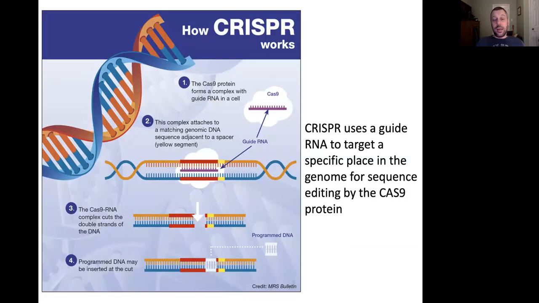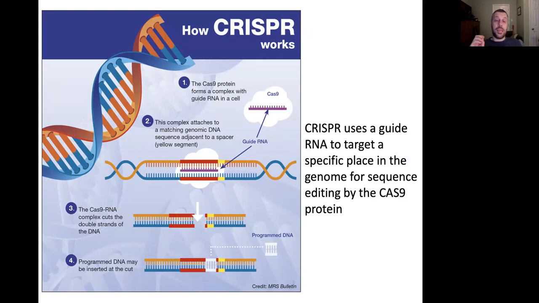How does it work? This cartoon shows you very simply how it works. CRISPR-Cas9 is a bunch of proteins, basically, and it uses a guide RNA, as shown in this diagram in step 1. That guide RNA is basically like the targeting part of a targeted missile. By virtue of its sequence, it will bind to its complementary sequence somewhere in the human genome.